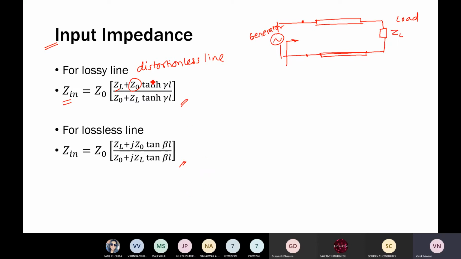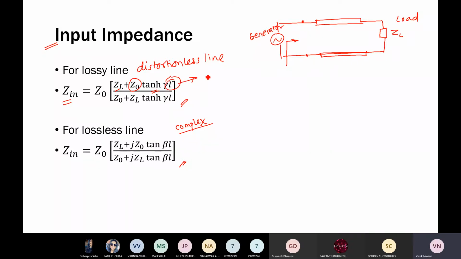The hyperbolic functions are available on your calculator, and the complex mode is also available, so you can do this kind of calculation pretty easily. All the notations have the usual meaning over here. ZL is the load impedance, Z0 is the characteristic impedance, gamma is your propagation constant.